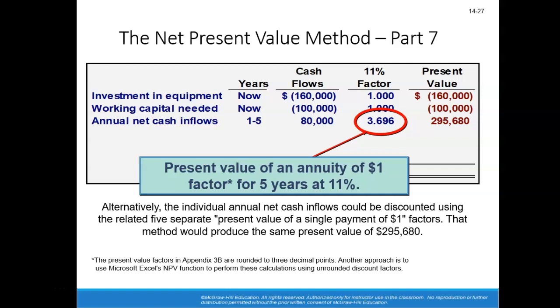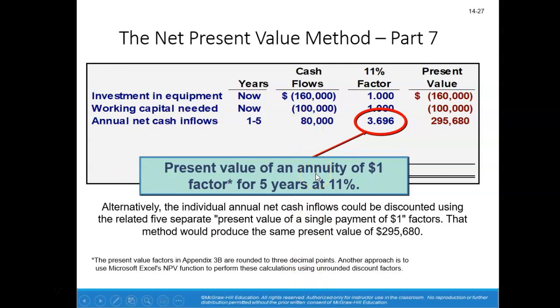Now, in your textbook, in Appendix 3B, you have what's known as the present value tables. This $80,000, which is an amount we're going to receive each year for 5 years, is known as an annuity.